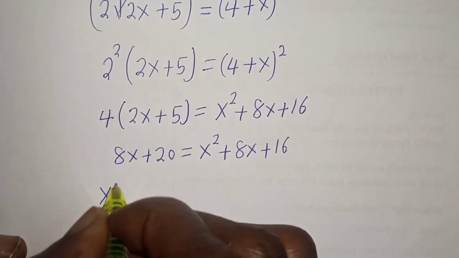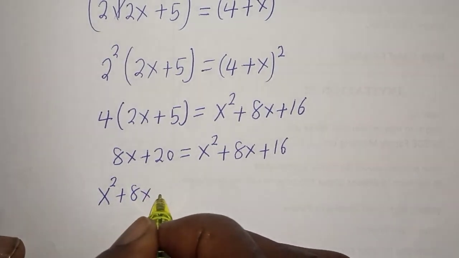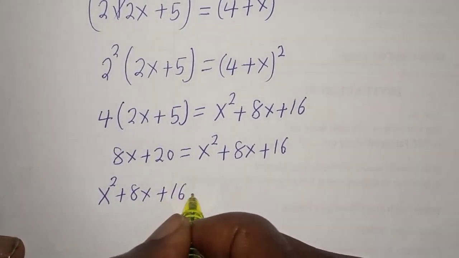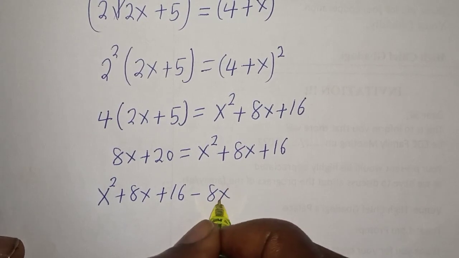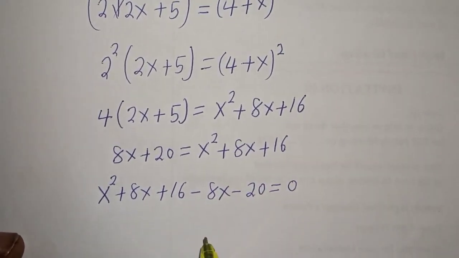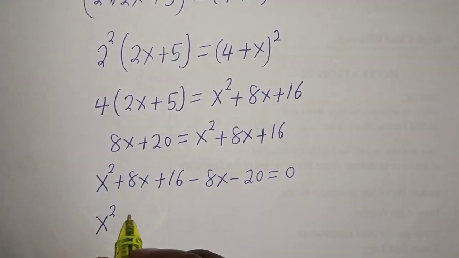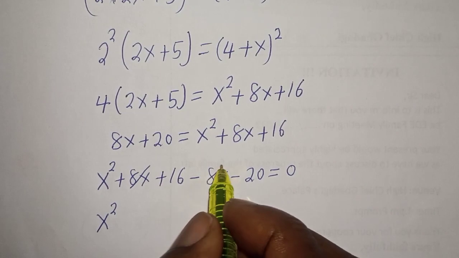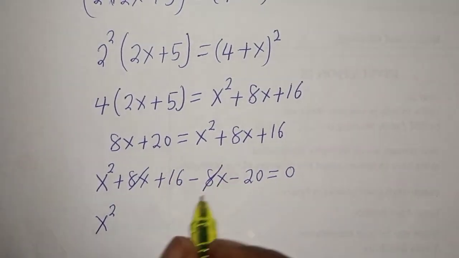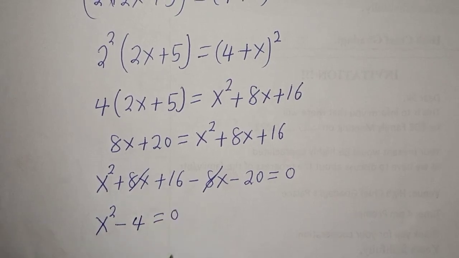Here is x squared plus 8x plus 16 minus 8x minus 20 is equal to 0. The 8x will cancel the 8x. Then 16 minus 20 will be minus 4 is equal to 0.